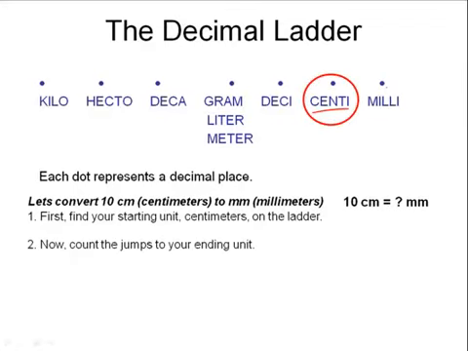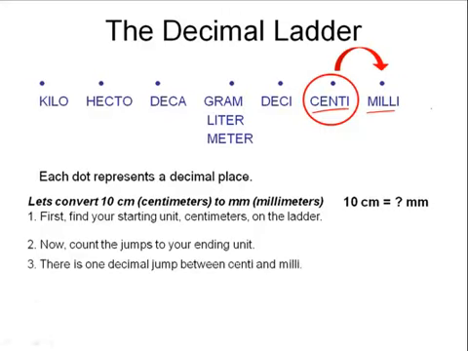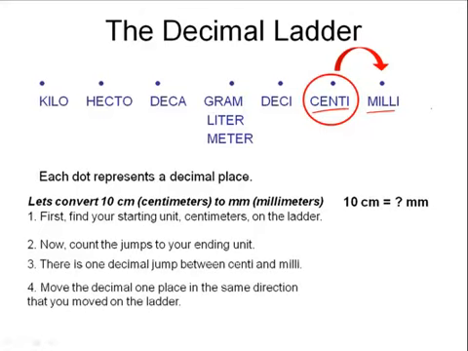Then you count the number of jumps to your ending point, which is milli. So therefore, you move the decimal point to the right one spot. So your answer should be 100 millimeters. So the decimal moves one place, and your answer has an extra 0.